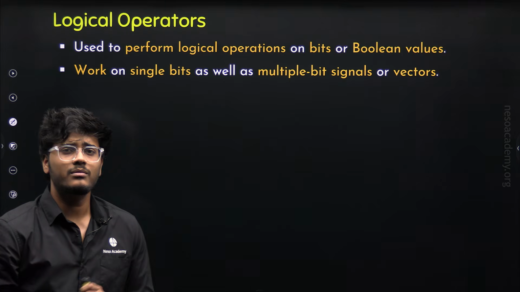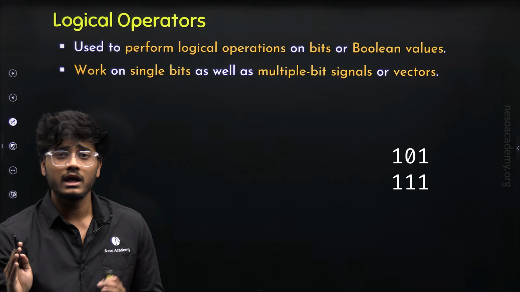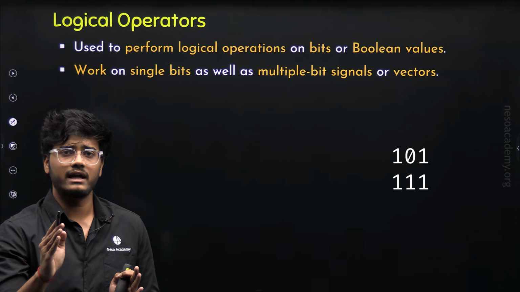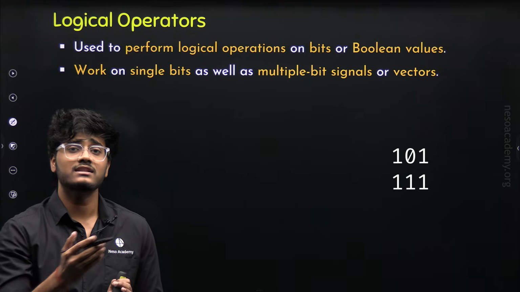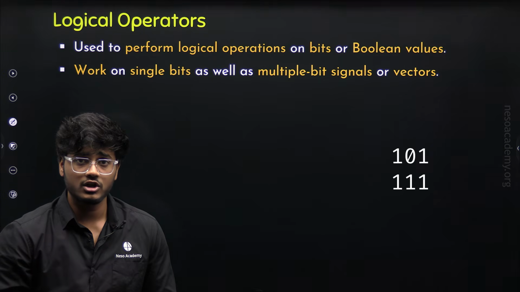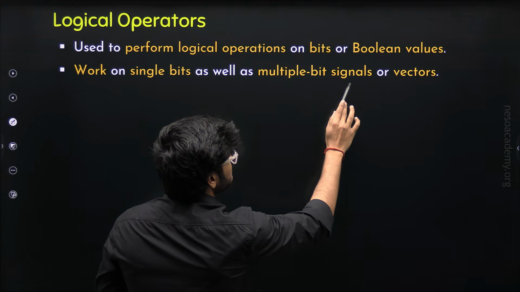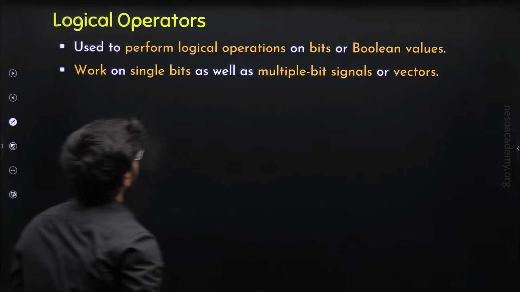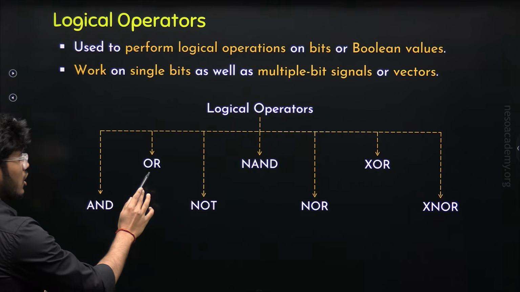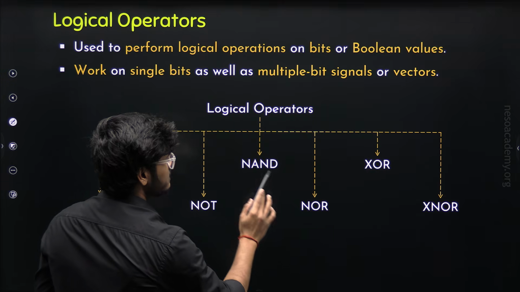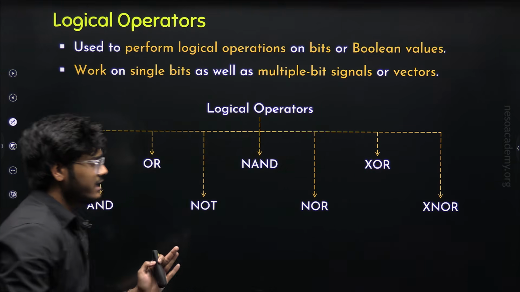Example, if we perform AND operation between 101 and 111, here both 101 and 111 are multiple bit signals that we call vectors. There are 7 logical operators in VHDL: AND, OR, NOT, NAND, NOR, XOR, XNOR. We will understand each of them.